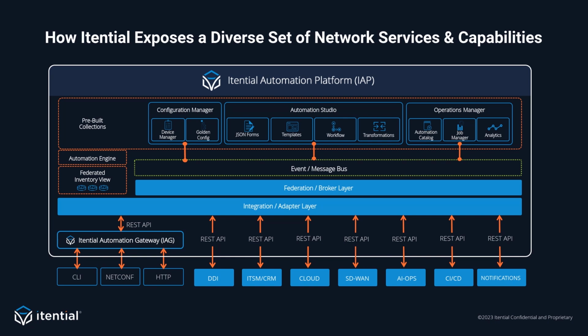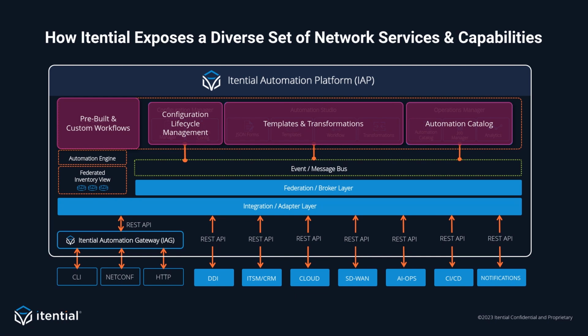But what I want to focus on is the fact that any bit of functionality that's provided within this model is something that can be exposed as a microservice, that can be exposed as a service that can be consumed as a pipeline, which Dan will show you in the demo, and subsequently becomes this platform for all of these network services. Not just, hey, I created a script or I created a workflow and I want to expose that, but really some of the very atomic functionality that exists within the Itential platform.